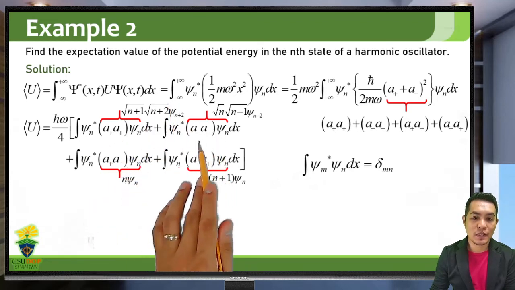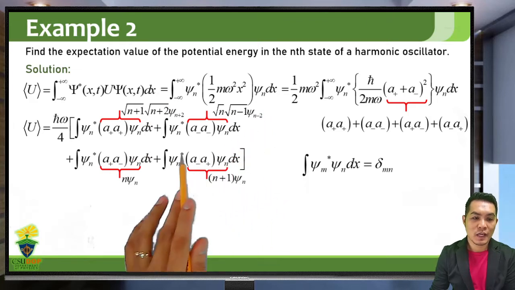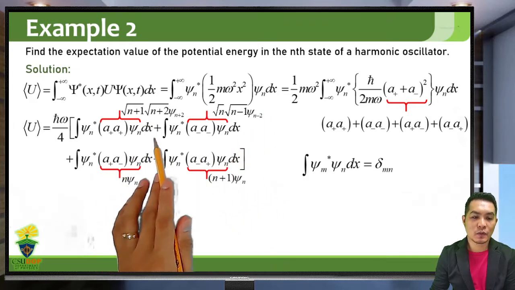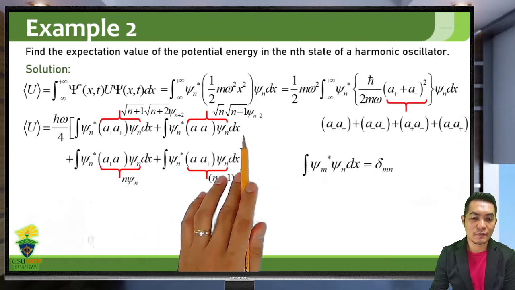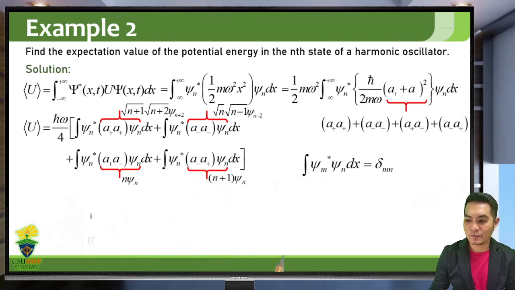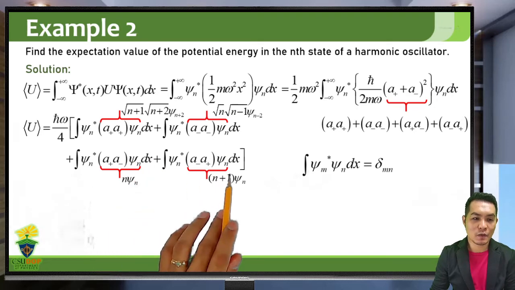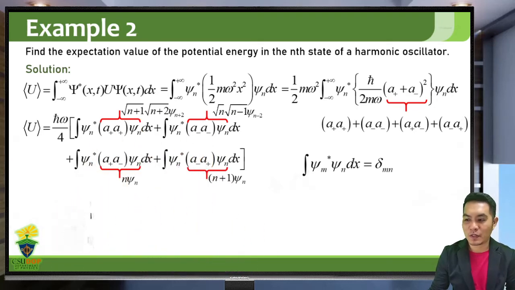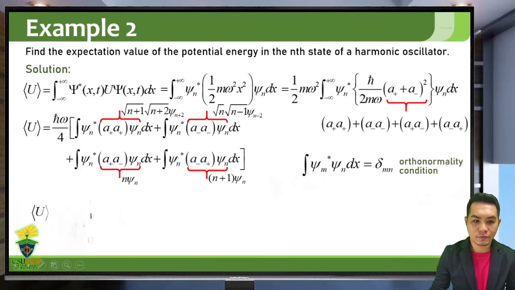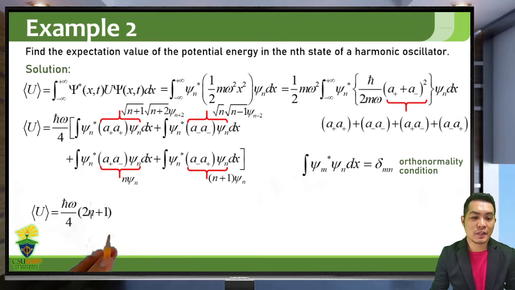This will also be 0, but this will be equal to 1 with a factor of n, and this will also be equal to 1, and you have a factor of n plus 1. So what's left in this whole integral is n plus n plus 1, or 2n plus 1.